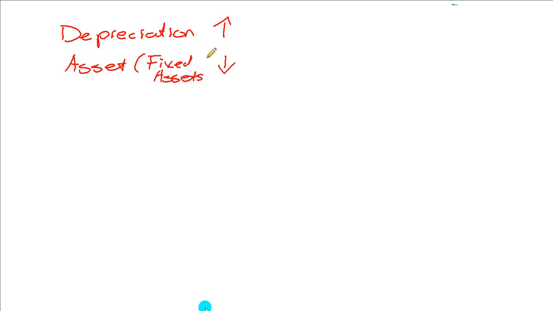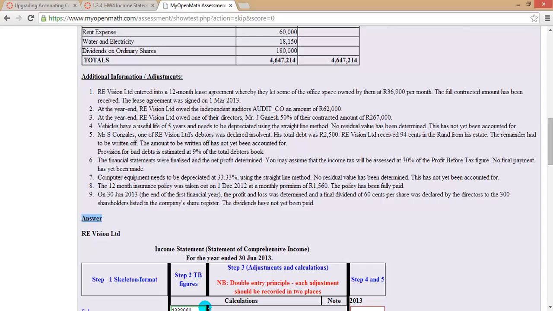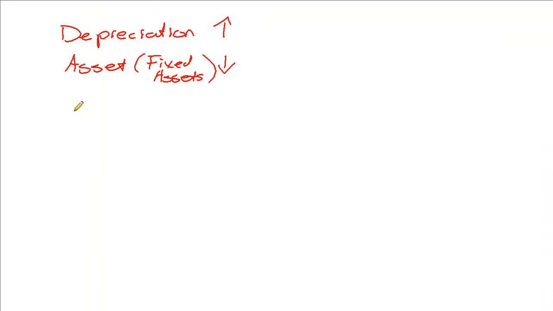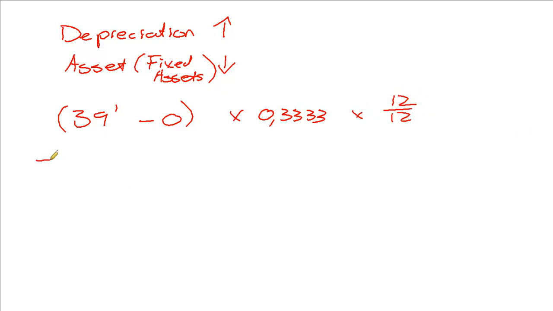Let's quickly calculate the amount. It said here 33.33% of the cost because it's a straight line method. So that's 39,000 Rand. There was no residual. Multiply by 0.3333 times 12 over 12 because we had the computer for the whole year.